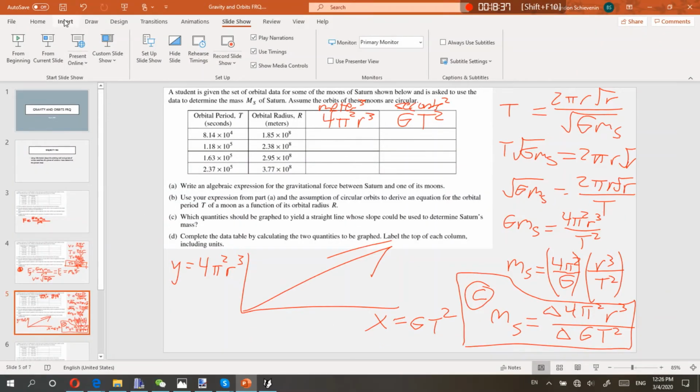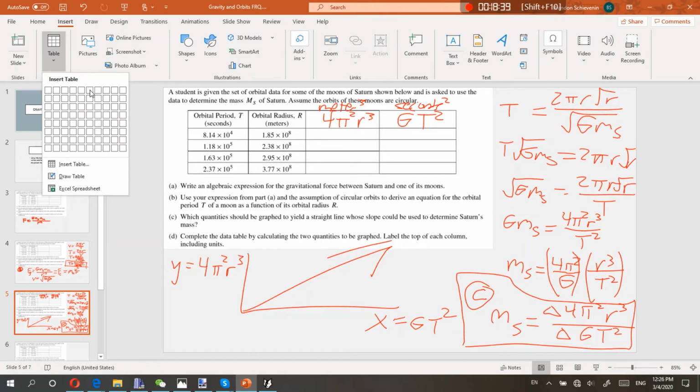Keep those annotations and maybe just overlay a table on top of it.